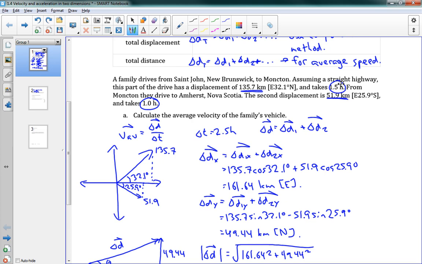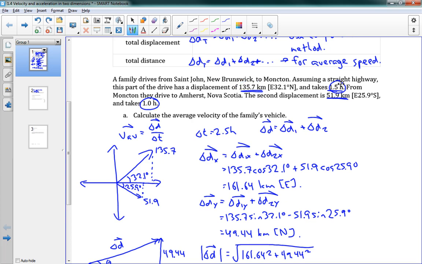It would not give us the right answer because the time for those two parts of the journey wasn't the same. So we can't just take the average. So that just shows you that it's very important that you are getting the total displacement first, not trying to get the average velocity for each piece. Okay.